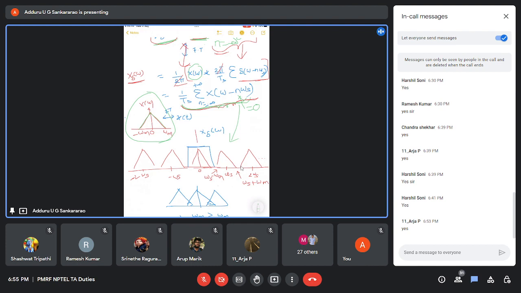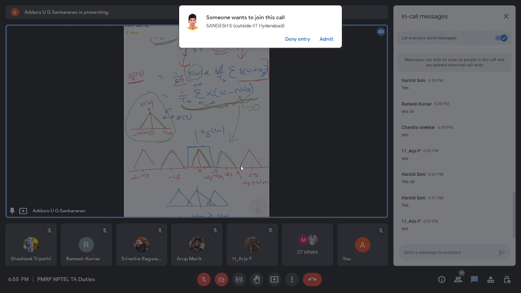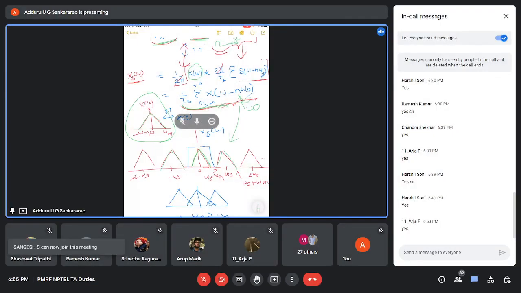When n equal to 1, I replace x of omega minus omega s, so a right shift. And when n equal to minus 1, a left shift. Like this we'll get x repeated periodically. This is the signal.